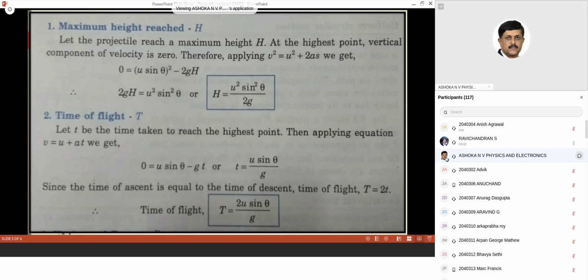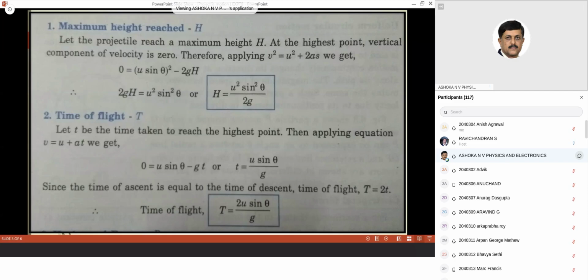Final velocity will be 0. Therefore, your initial velocity is u sine theta. Again, a is equal to minus g, that is acceleration due to gravity, and the time t. So the expression for t, the time for this projectile to reach the maximum height, is given by t is equal to u sine theta by g.